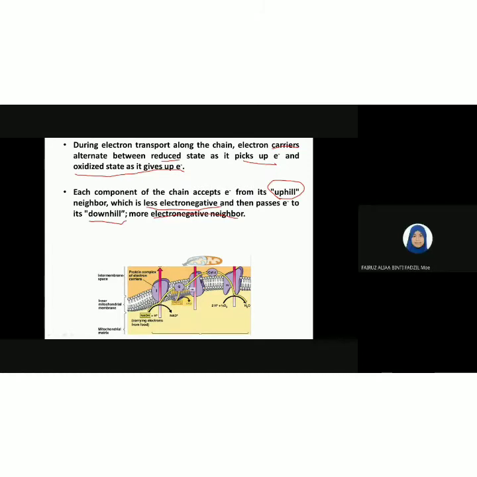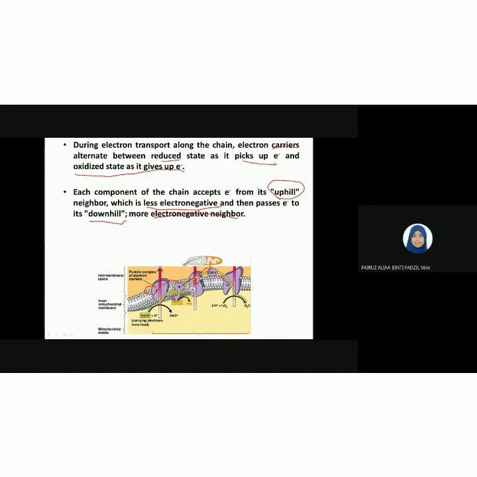Complex 1 will pass the electrons to coenzyme Q, and then coenzyme Q passes the electrons to protein complex 3, which passes them to cytochrome C, and then to complex 4.